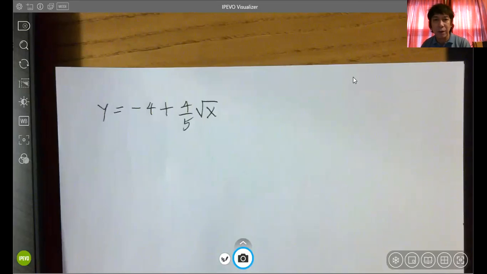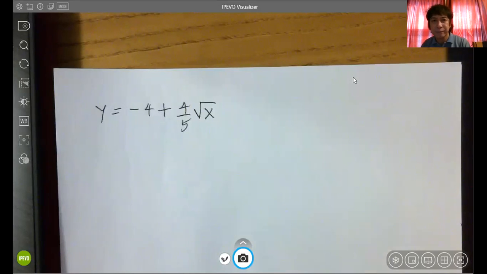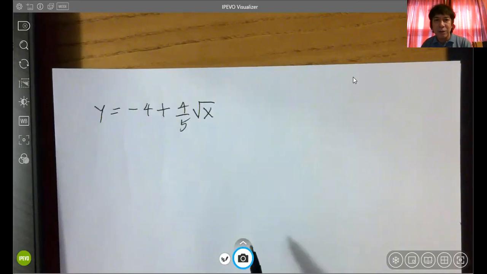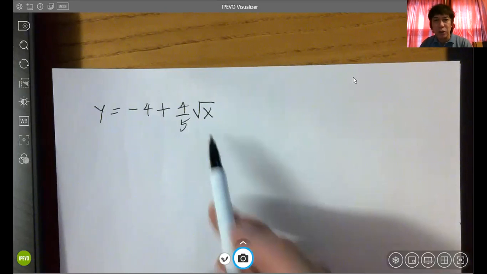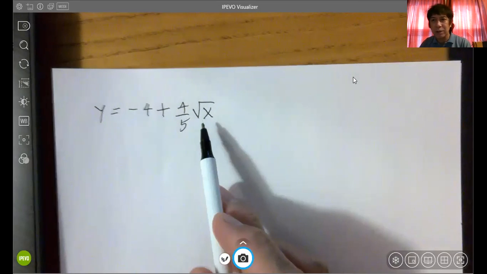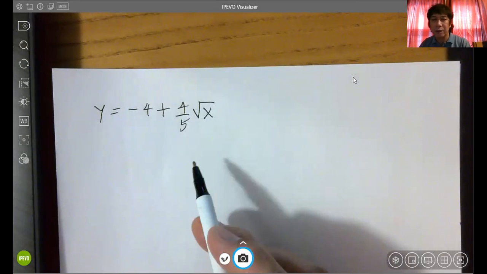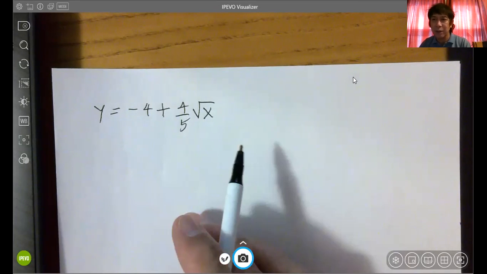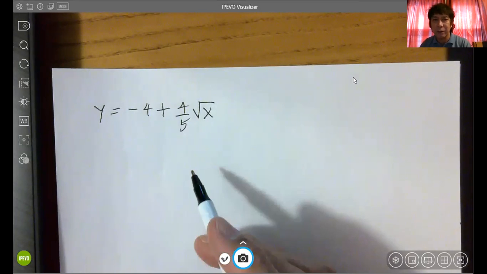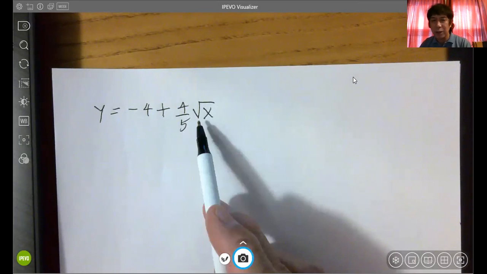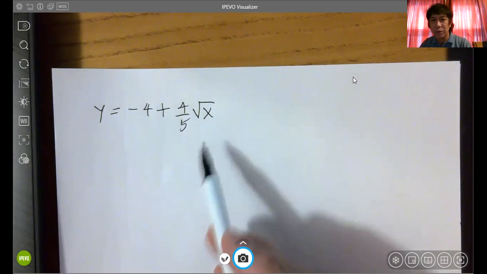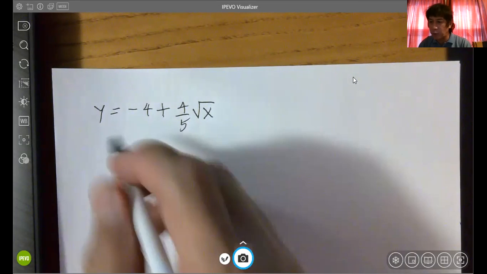The radical function is involved there, the square root of x. Now x, we cannot have a negative value there. If you try the calculator, a negative radicand gives an error. So this x will have to be 0 or higher. So we can very well have the domain.